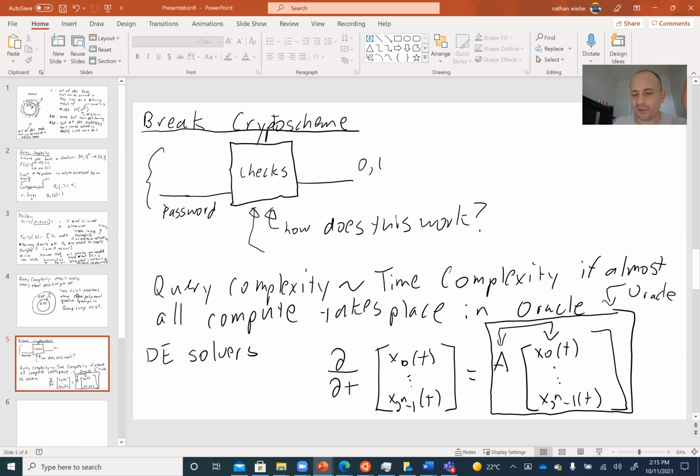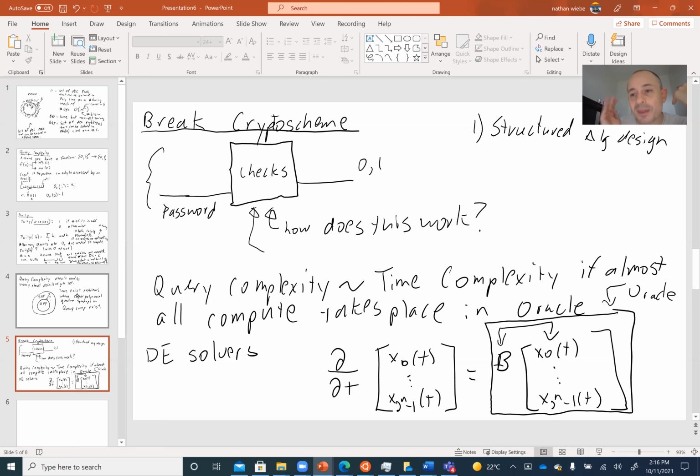So a query to this oracle that either yields A or multiplies it by a vector will give us a good surrogate for the amount of time that the overall DE solver takes, because it'll spend almost all of its time implementing a query to this particular oracle. So this is one of the reasons why it's really nice in terms of structured algorithm design, because you can just substitute in an oracle that you have for a particular case and change this over, for example, to solve a different differential equation by putting in a different matrix.